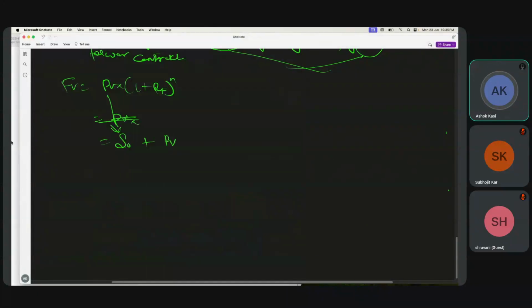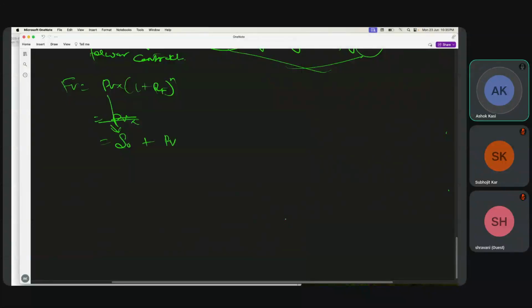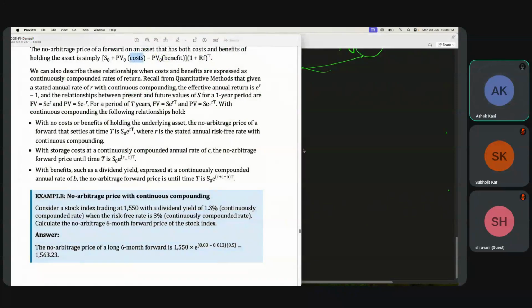What do you mean by present value of cost? That means you are going to store that gold in your locker. So that's why present value of cost is the locker charges.